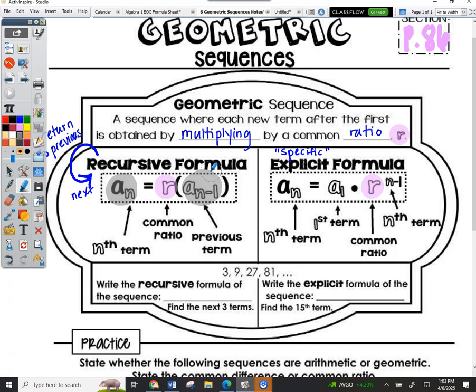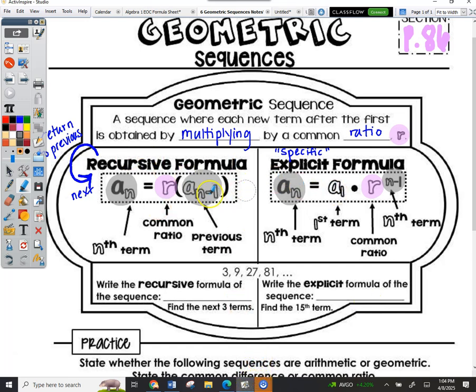When you're writing the actual formula, you don't plug anything in there. If it says, hey, give me the formula, that means I better see an a sub n, I better see an a sub n minus 1. Same thing over here, a sub n, and then right here on n minus 1, that's part of the formula, okay?